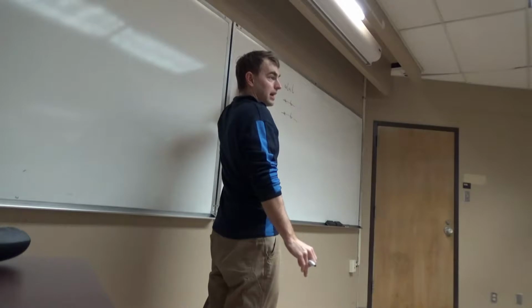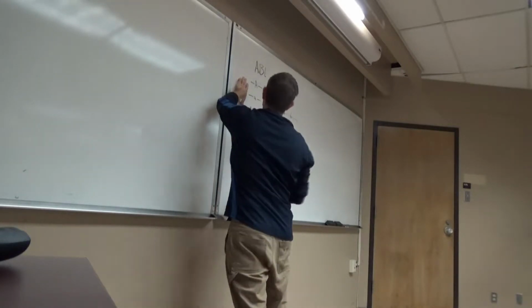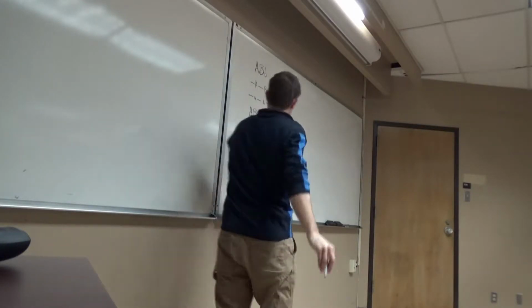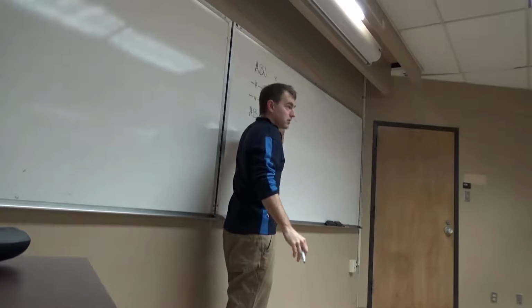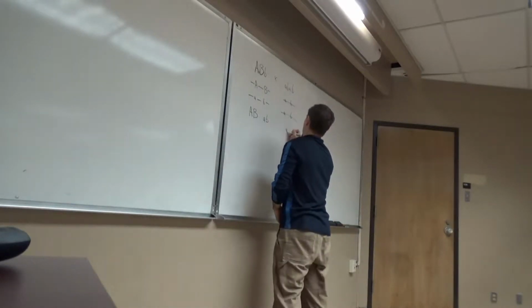We're going to get the parental gametes back again. So we're going to get A, B as a gamete, and little a, little b as a gamete. Out of this, what are we going to get out of meiosis? There's only one option that you possibly can get here, little a, little b.